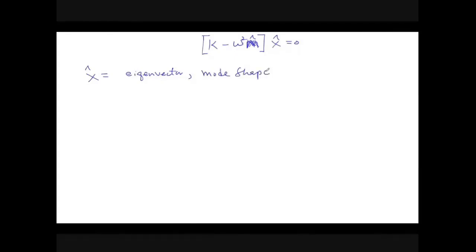And you have another term, omega square. It is the eigenvalue, or it is basically the square of the frequency of vibration corresponding to a particular mode shape, which can be related to a period of vibration T.